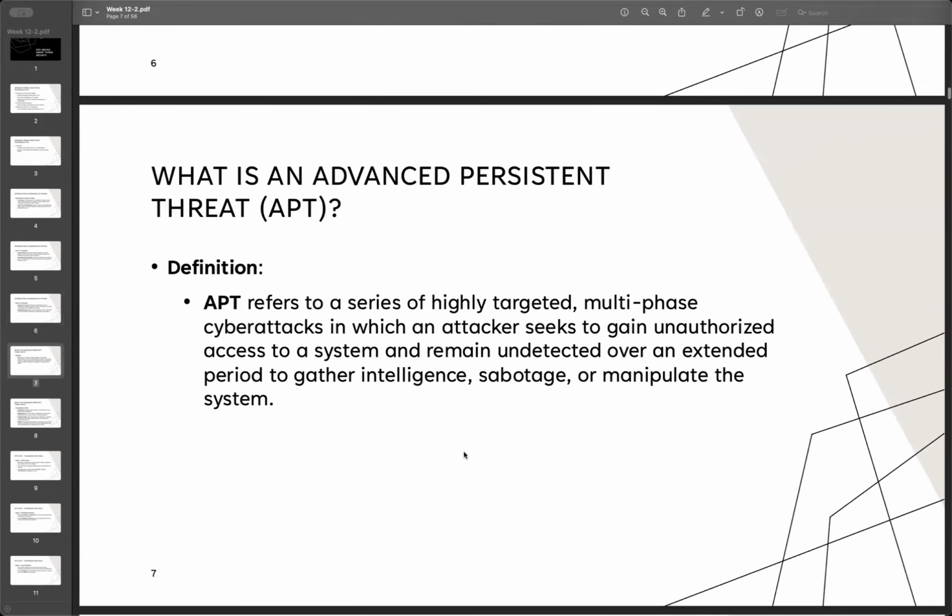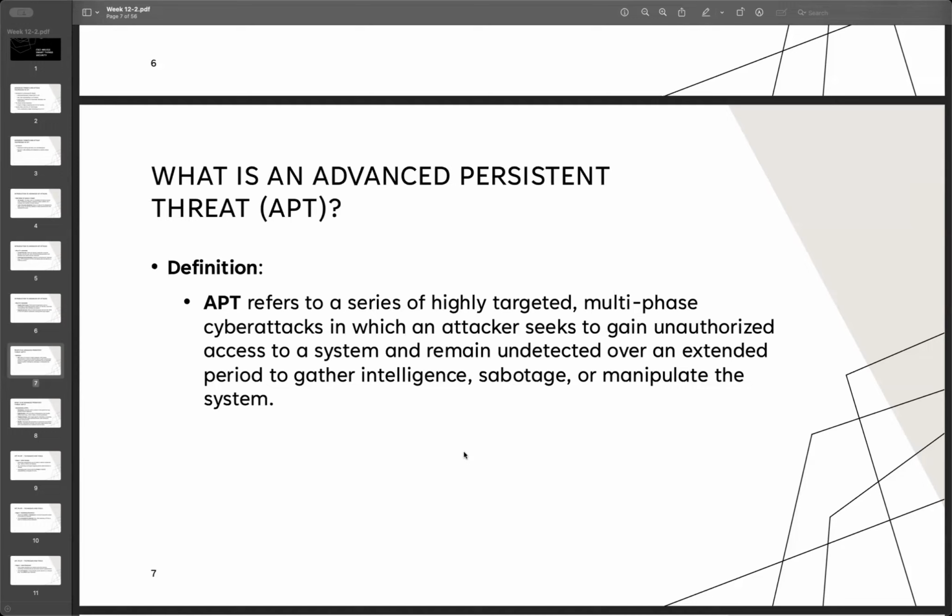And we talk about the APT, the advanced persistent threat. So what is it? It refers to a series of highly targeted and multi-phase cyber attacks, in which the attacker seeks to gain unauthorized access to a system and remain undetected over an extended period to gather intelligence, stage an attack, or manipulate the system.